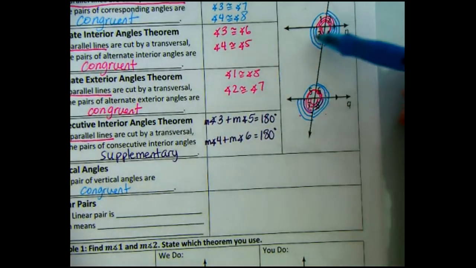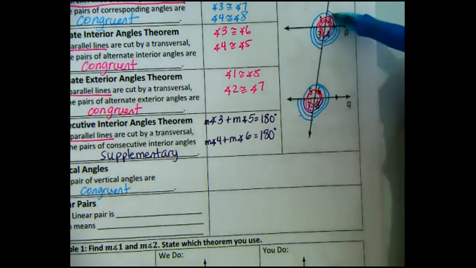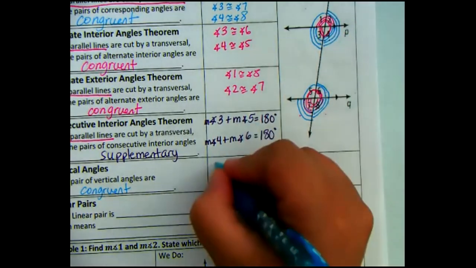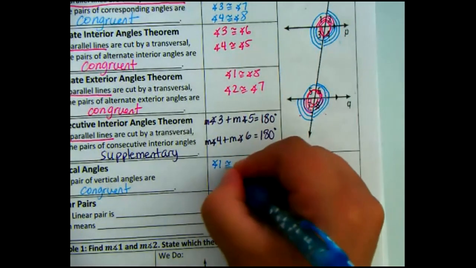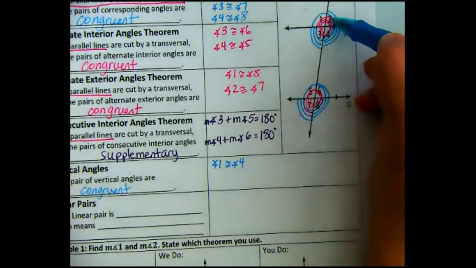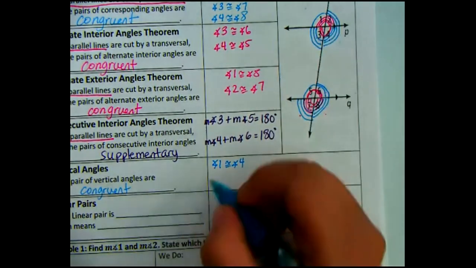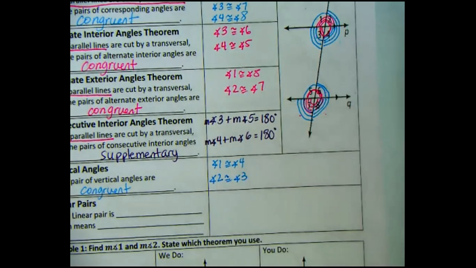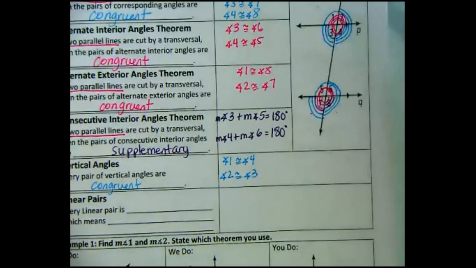Remember, vertical angles are directly across each other, right? So in this situation, I have angle 1 and angle 4. So that means that angle 1 is congruent to angle 4. I also have angle 2 and angle 3. So that means angle 2 is congruent to angle 3. That's for that intersection.